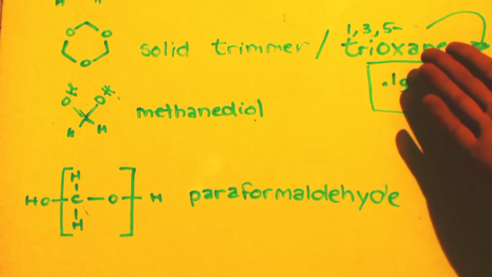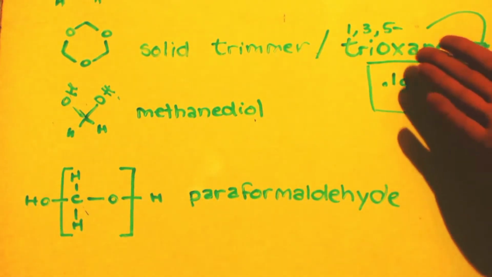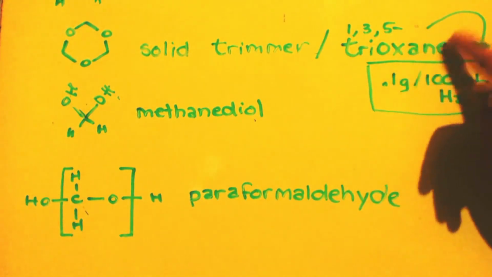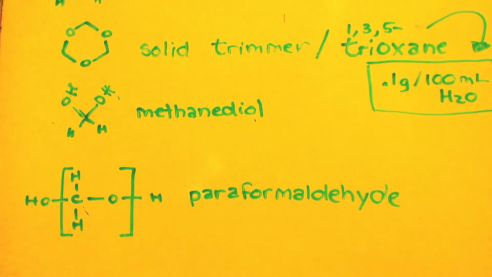And this is great, you can get anhydrous formaldehyde out of this, if you can figure out how. I know one way is to put it in water and, like I said, put a little bit of strong acid in there, but you'll have it in water, it won't be anhydrous.